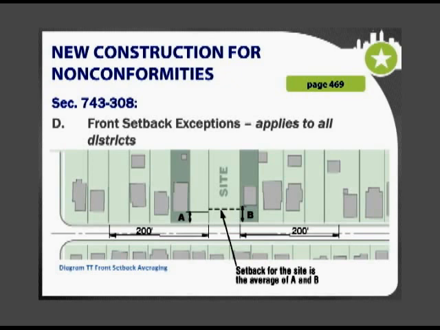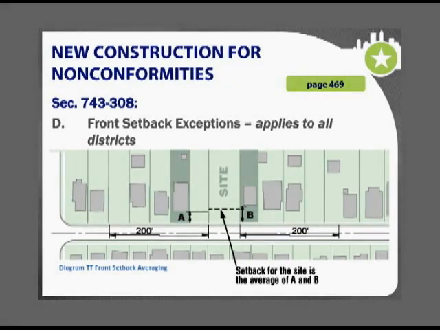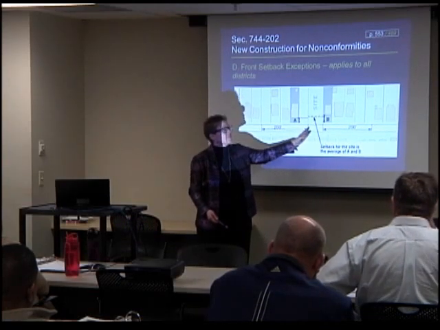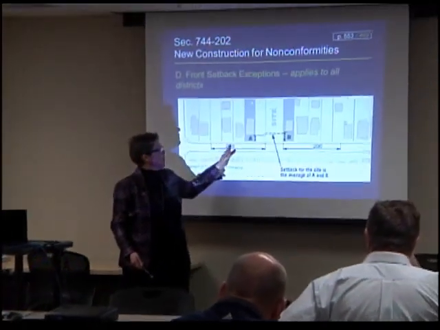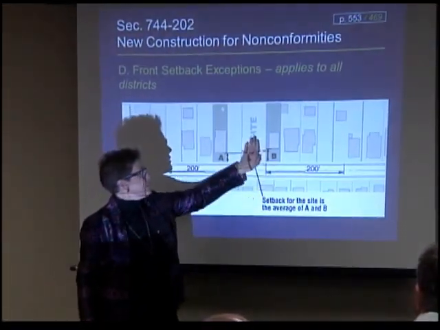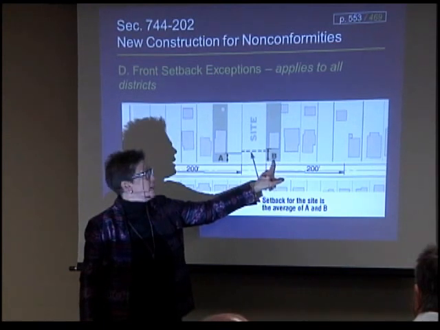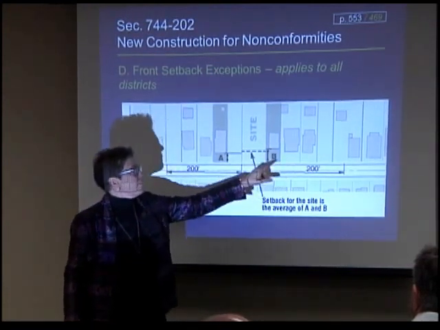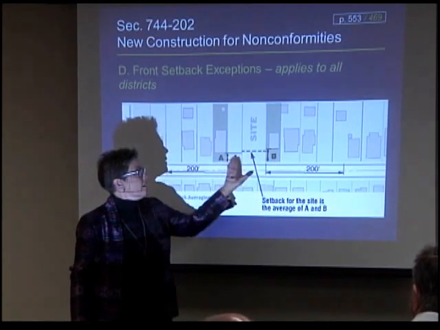What I hope is simpler is, basically we say if there's a structure, the first structure within 200 feet, and this one happens to be, this is our site, this one happens to be the first lot, and there's a structure on it, you take the average of each side.